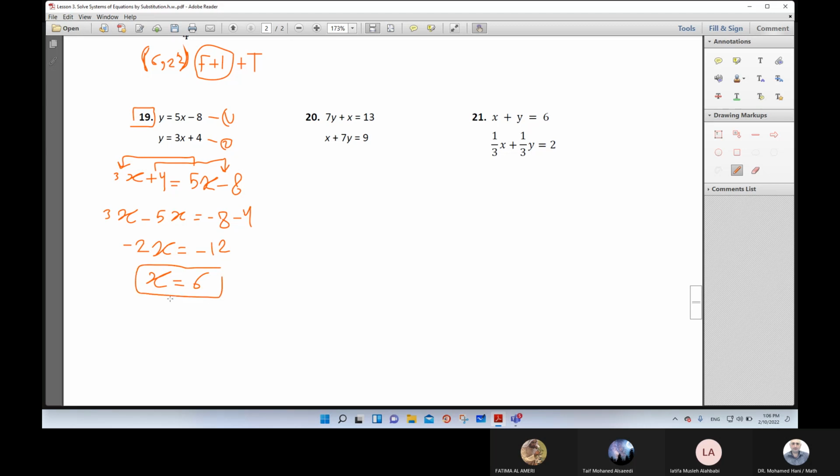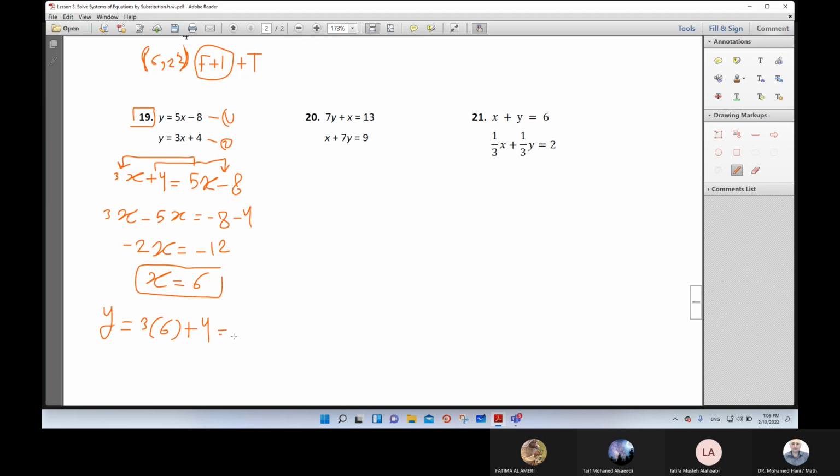Then we want to solve the value of y. You can substitute the value of x in the first equation or in the second equation, the same idea. For example, in the second equation, y equal 3 times x. 3 times the value of x, which is 6, plus 4.